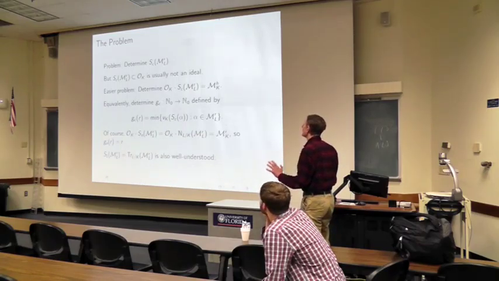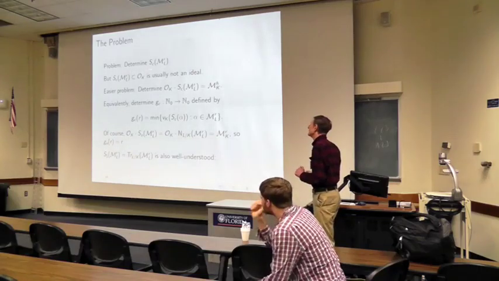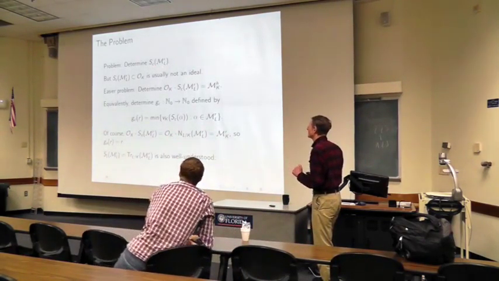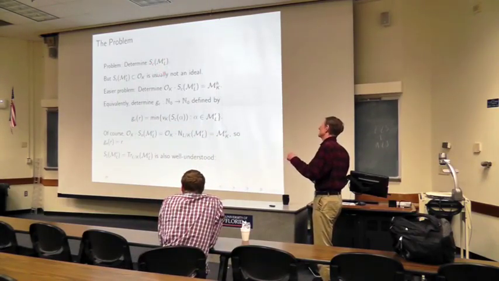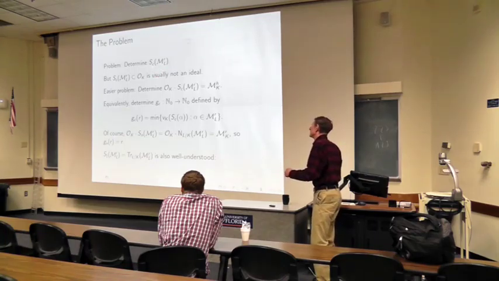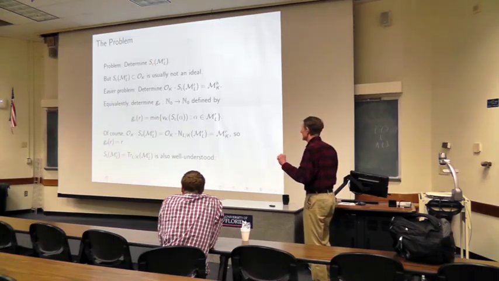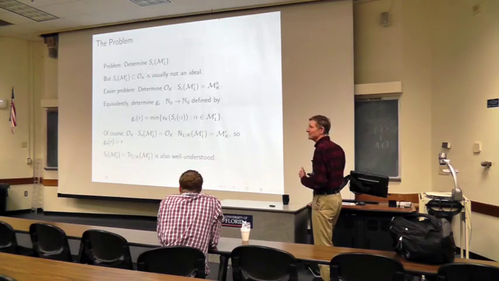So here's the problem that I want to consider: I want to determine S sub c of M sub L to the r. So basically I'm going to apply this symmetric polynomial to conjugates of elements of the r-th power of the maximal ideal of L. Actually, this problem is too hard for me, because S sub c of M sub L to the r is usually not an ideal.